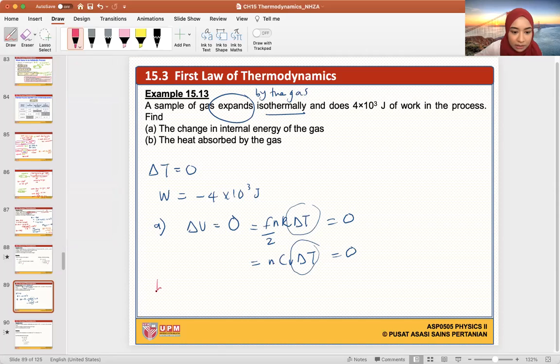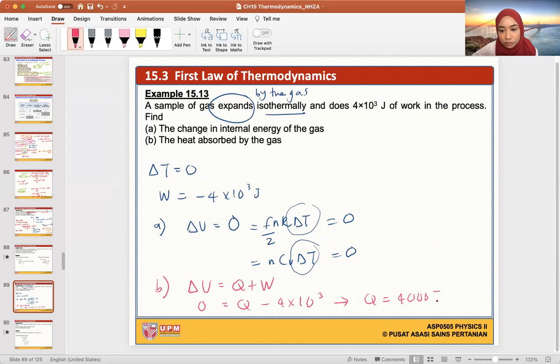Moving on to B, thanks Nut Mango. The heat absorbed by the gas. So we have our equation delta U equals Q plus W. We have our W, we have our delta U. We want to know what is the Q. So 0 equals Q minus 4 times 10 to the 3, which means my Q is just equal to 4,000 joules.